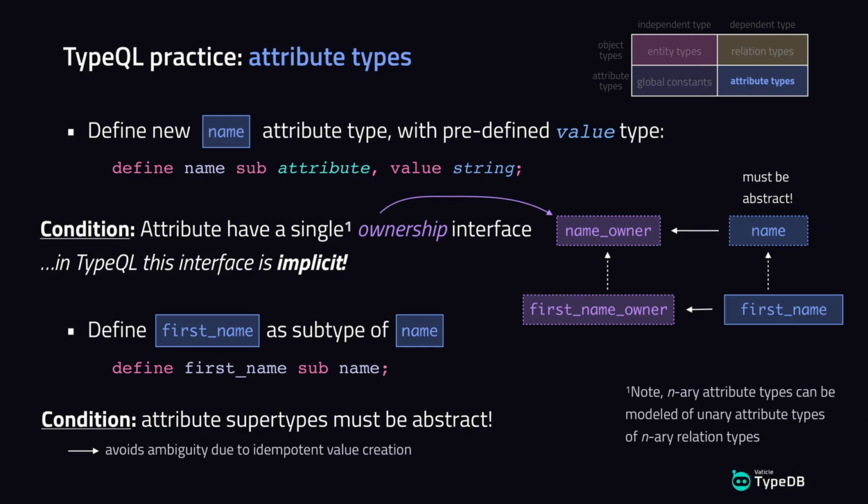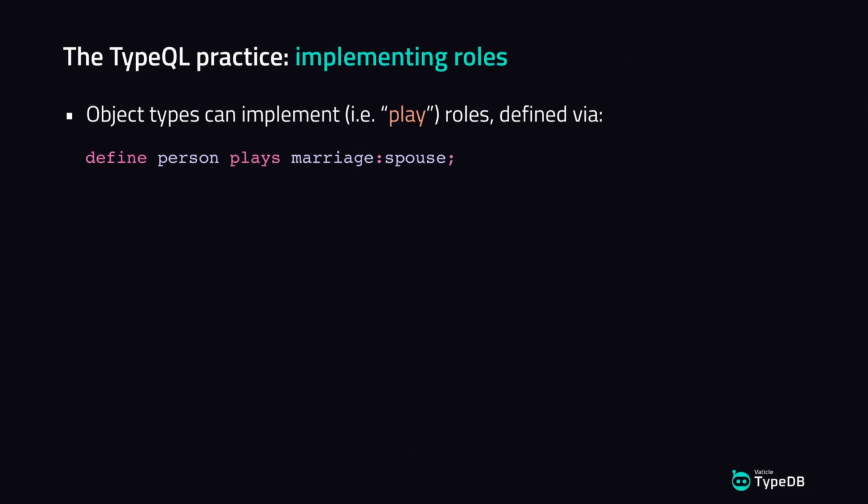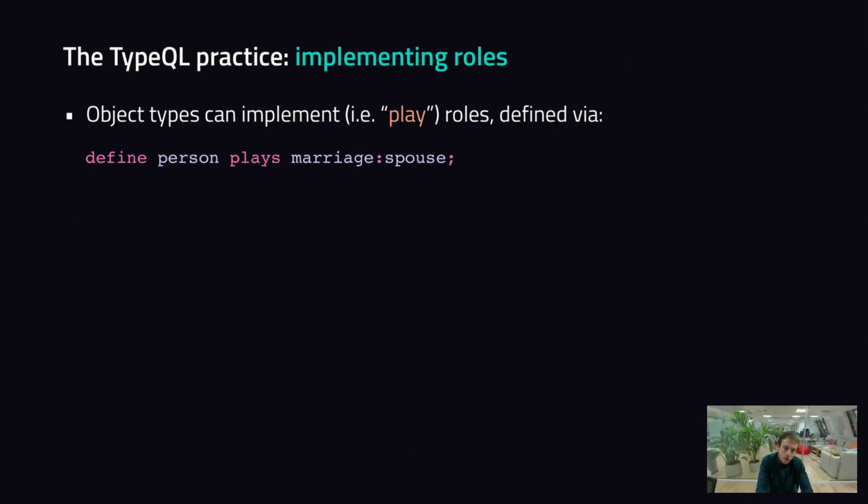Okay, so we've discussed the key kinds of types and their dependencies. What we have not discussed yet is how to actually implement those interfaces that types depend on. In the case of relation types, that means implementing roles. We also speak of playing roles or being a role player, and it's defined by the following syntax. So for instance, to declare that the type of persons would implement the spouse role of marriages, we would write define person plays marriage:spouse.